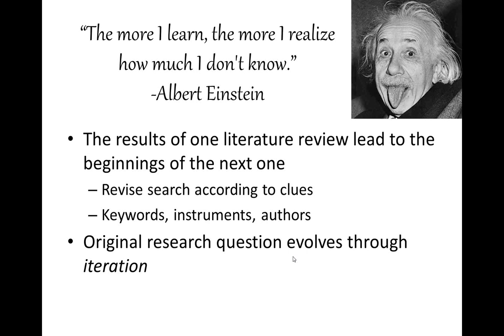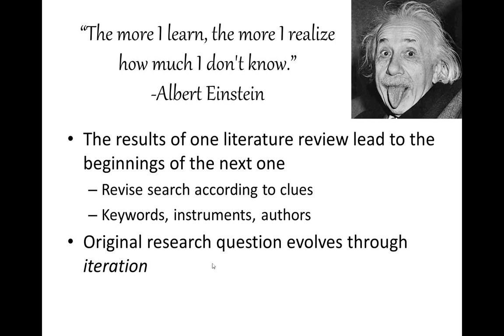Instruments, meaning what scales are they using, what methods are they using, and you should also keep those in mind as you're going forward, because that will later on in your hypothesis development and your research question development help you start to identify the variables that you can actually measure. And of course, like I said already, the authors who you start to learn are the big hitters in the field are the ones who you're going to want to start citing.